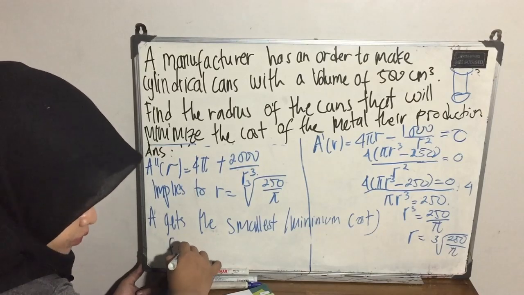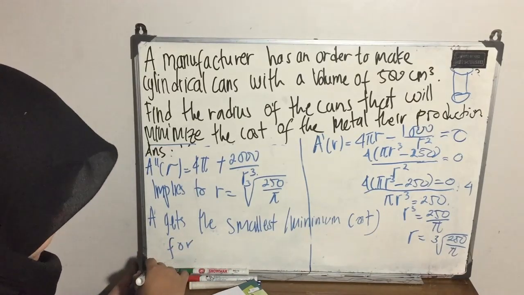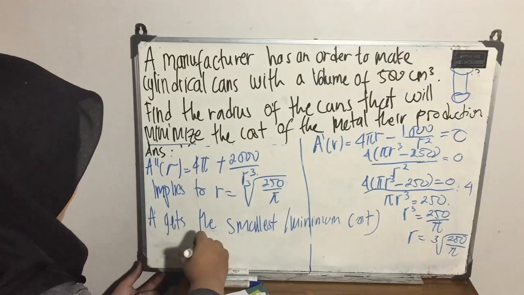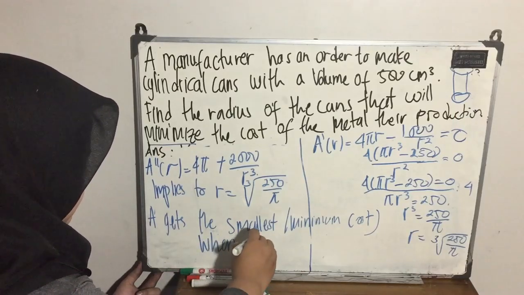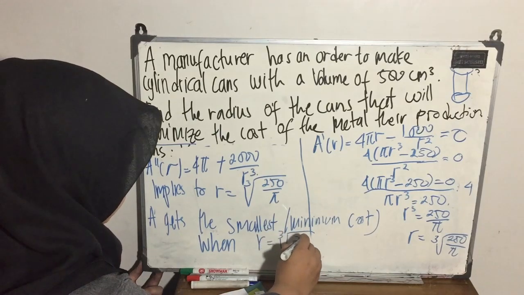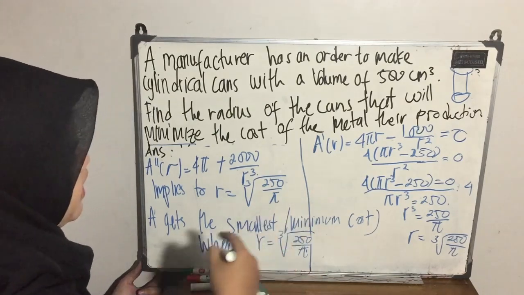The minimum value or minimum cost occurs when R equals the cube root of 250 over 4 over P, I mean.